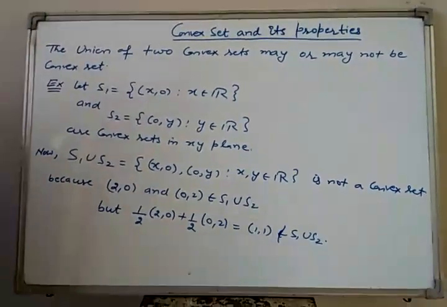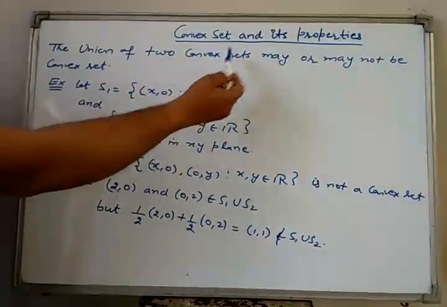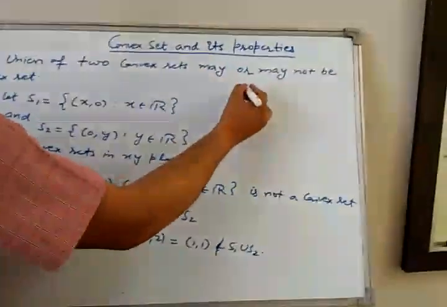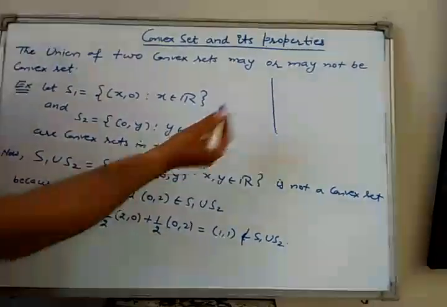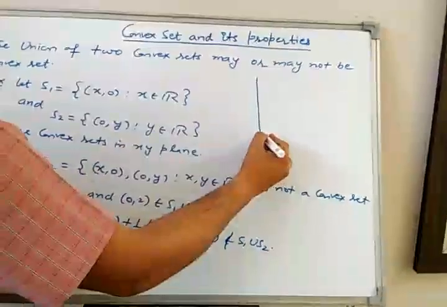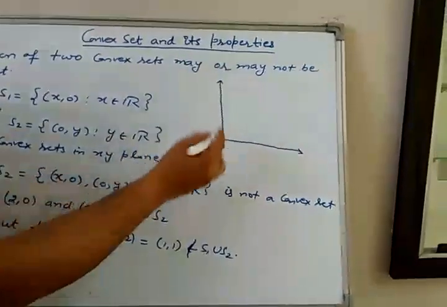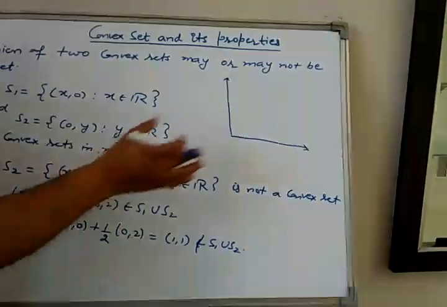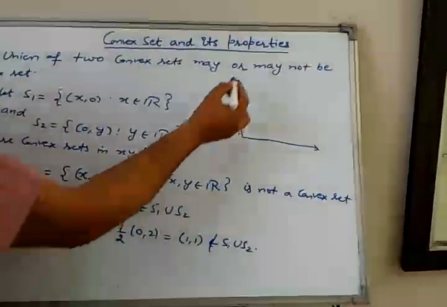Now, what about the union of two convex sets? The union of two convex sets may or may not be a convex set. Take an example. Let this be a convex set. As I earlier said, a straight line is a convex set. Therefore, this is a convex set. This is another convex set. This is half part of the x-axis. This is half part of the y-axis. These both are convex sets. Now, what is the union of these convex sets?